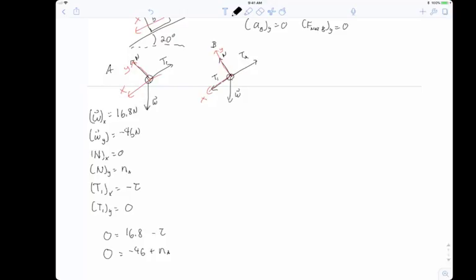Time to do this one. W in the x direction, W in the y direction, N in the x direction, N in the y direction, T1 in the x direction, T1 in the y direction, T2 in the x direction, T2 in the y direction.